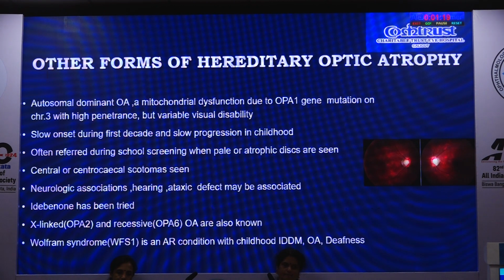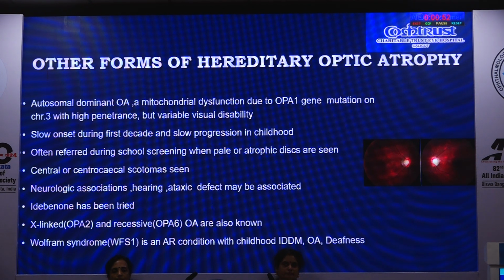Autosomal dominant mitochondrial dysfunction with an OPA1 gene mutation has a slow onset during the first decade and slow progression. Often they are brought during school screening, and they have central or centrocecal scotomas. Neurological associations may be seen, and idebenone has been tried, with some good results.